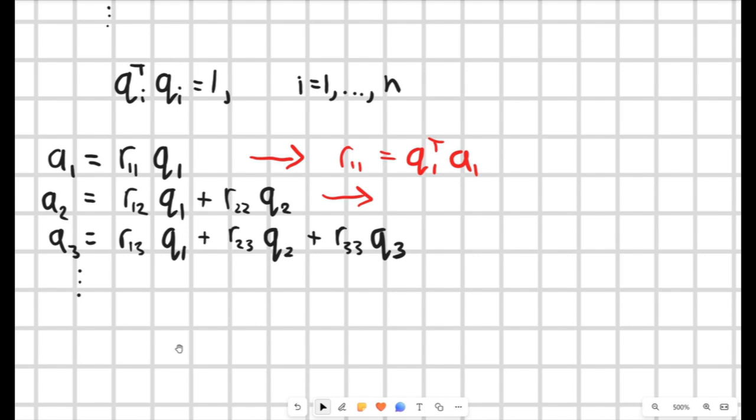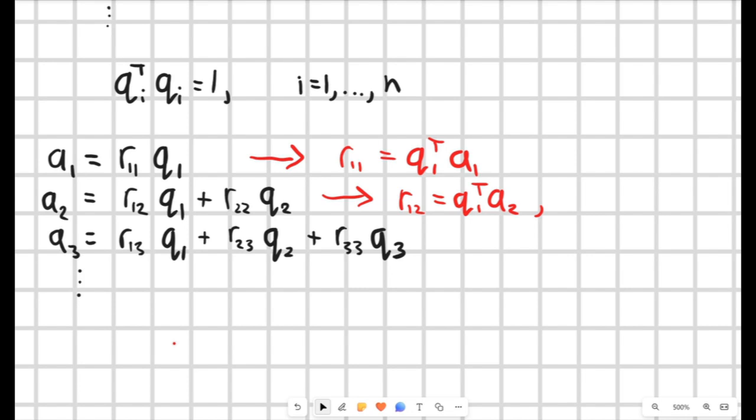So after all of that, what we find is that the constant R12 is going to be equal to Q1 transposed times A2.